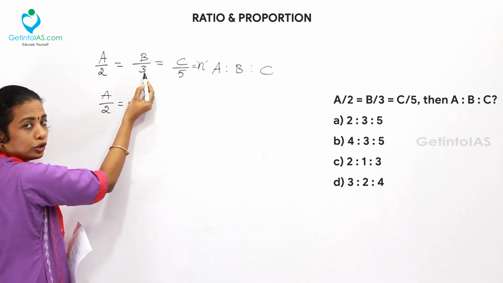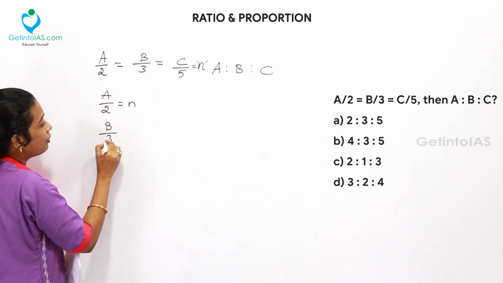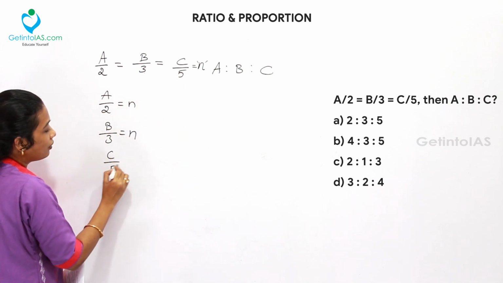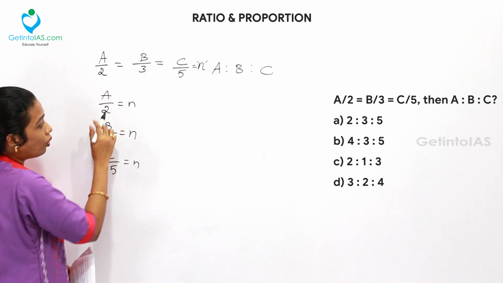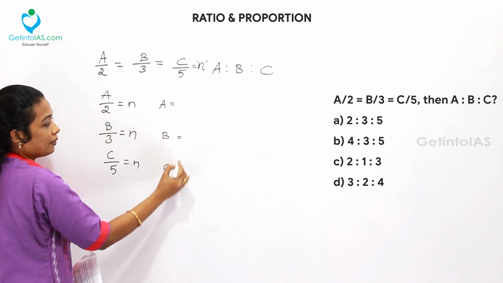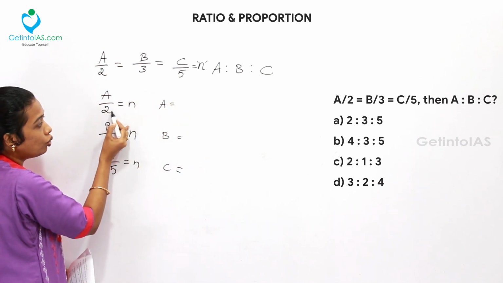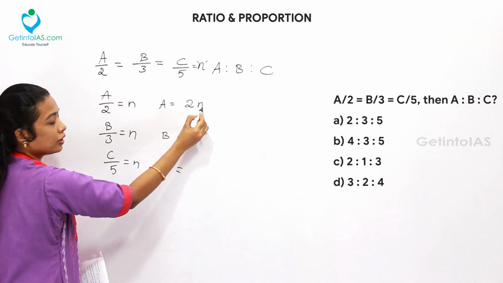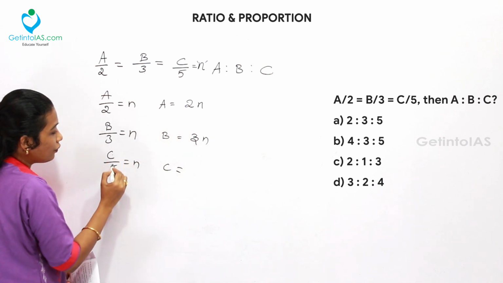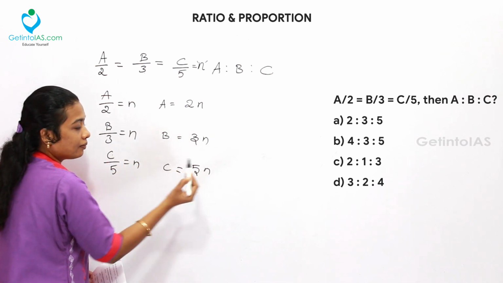The same n is equal to b by 3. So b by 3 is equal to n. Then c by 5 is also equal to n. Now what is the value of a, b and c? a is equal to 2n, b is equal to 3 times n, c is equal to 5 times n.